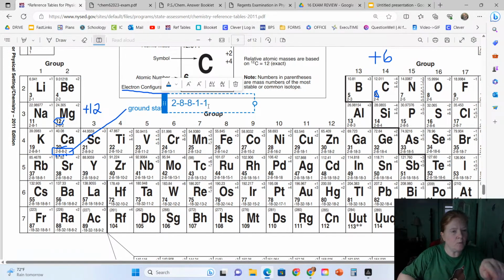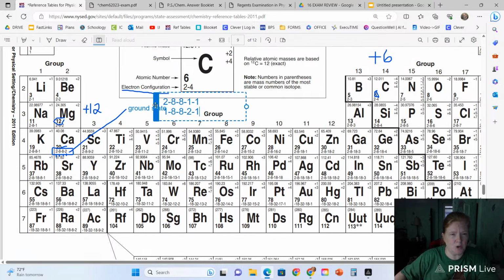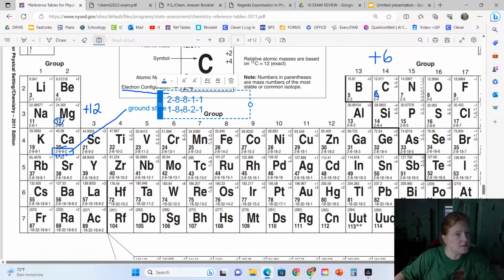Okay. So I took one from the last one, but I don't have to do that. I could do this. I could take one from the first one and move it up like this. Okay. That is also an excited state for calcium. How do I know it's calcium? It has 20 electrons still, but it doesn't match what's on the periodic table. Okay, so it's excited state.